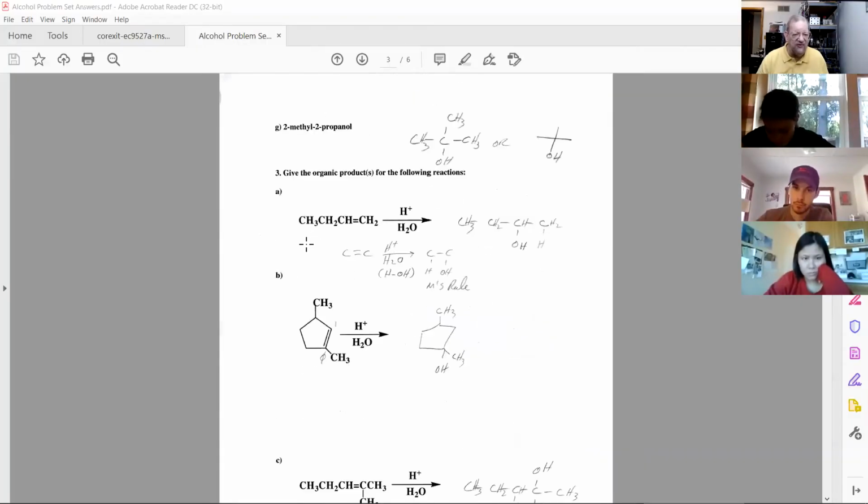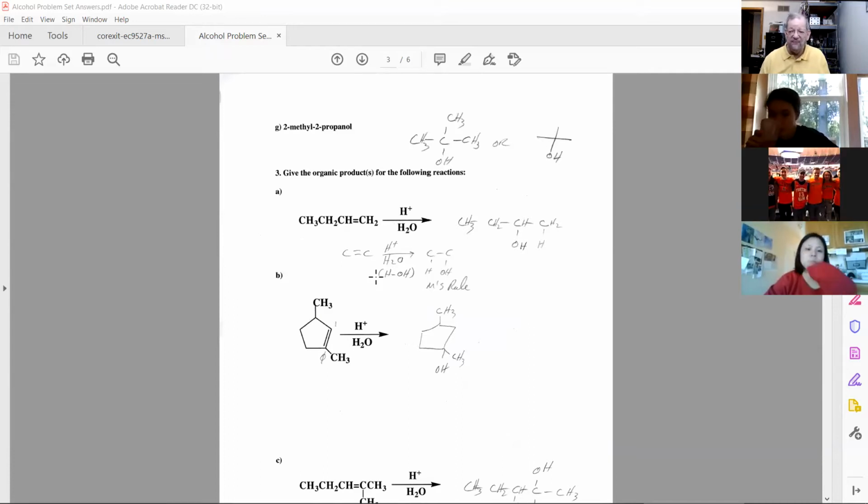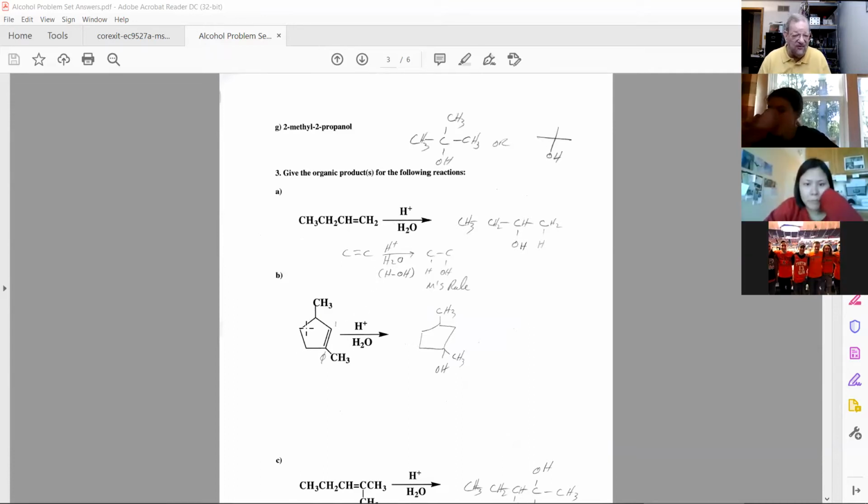All right, let's look at some reactions. Give the product or products for the following. We just went through this one in test number 1. This is the only question the whole semester I can put on either test. And that is a double bond, acid and water. Remember, double bond, acid and water. Water is HOH, break the pi bond.